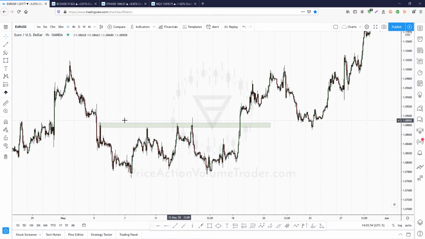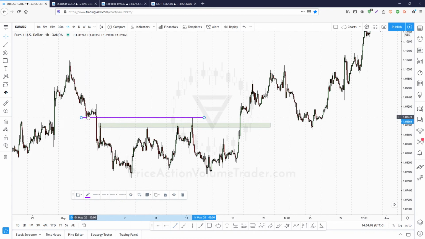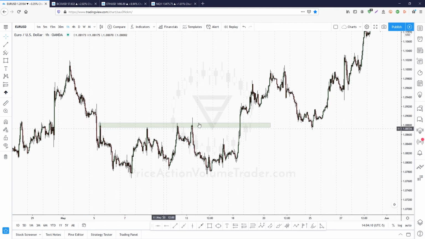You can even see this wick coincides right here with a mini level that we broke down and we came back up. So we even have a mini one here for this high, but we're focusing on this now.